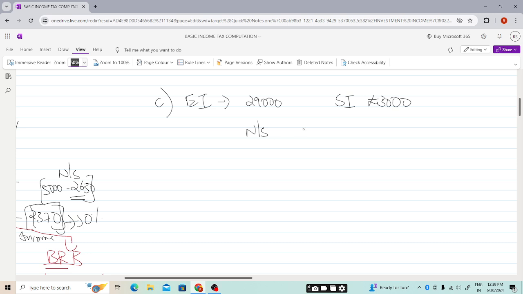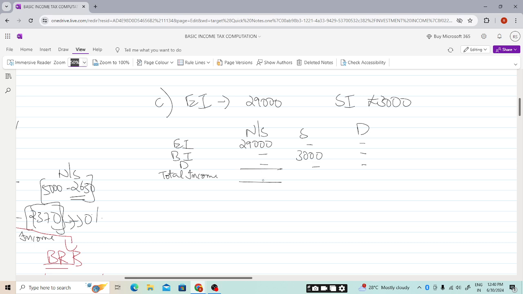Non-saving income, saving income and dividend income. This employment income will come under the head of non-saving income. Bank interest will be coming under the head of saving income, that is 3,000 pounds. Dividend income, no dividend income. So this will give rise to our total income. What is our total income?